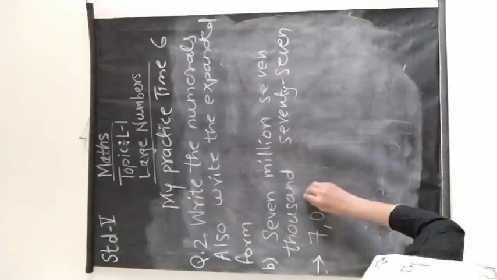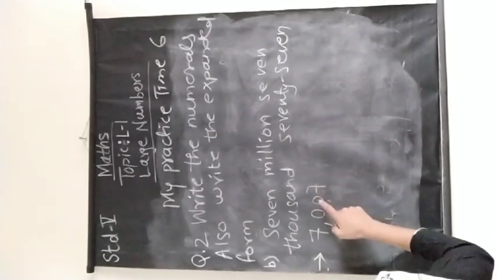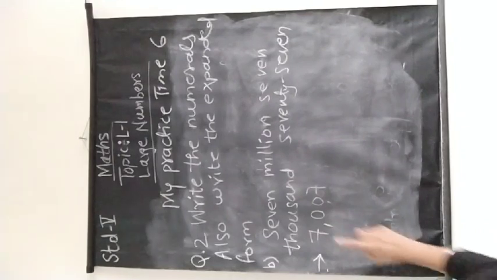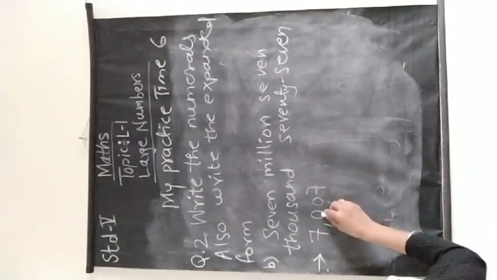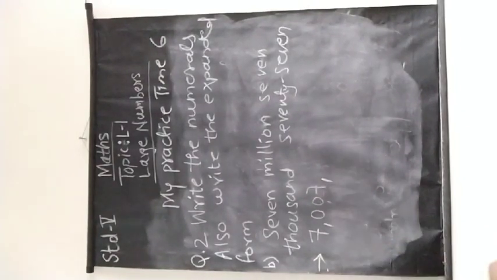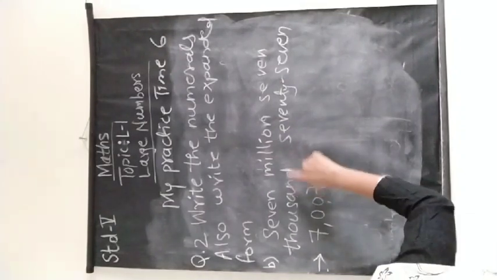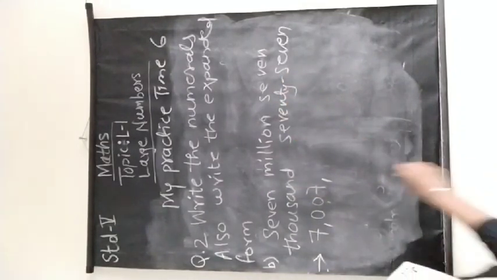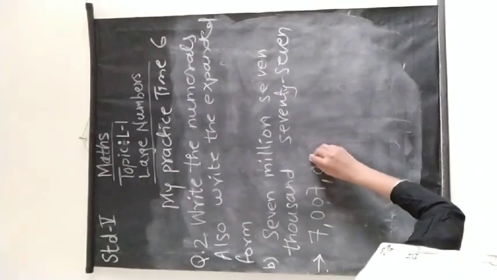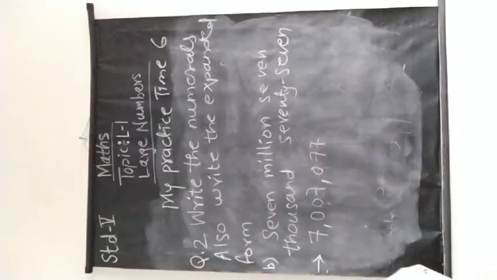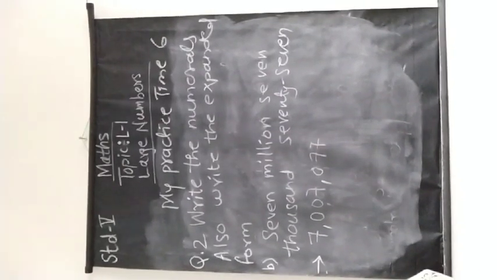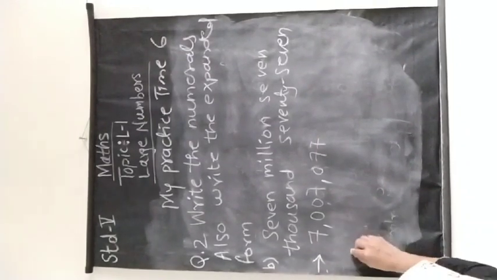Now 7 million 7,000. 7,000 is in the 1,000 place. Here it is not 10,000 or 100,000, so give zeros. Okay, now 0, 0, then 7, and then give a comma. Now after 7,000, 77. So 077. Okay students, now I have to write in expanded form.